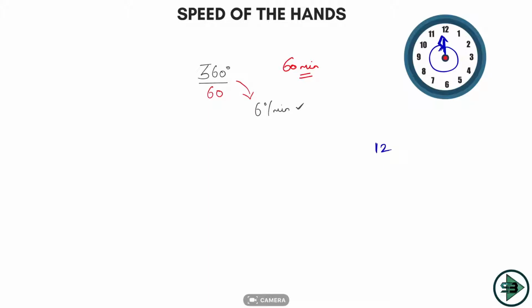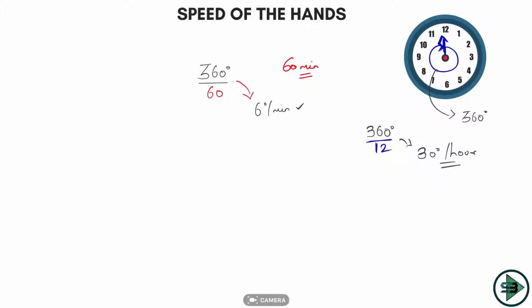Quite simple. It will take 12 hours to move an angle of 360 degrees, right? So if you go 360 degrees in 12 hours, how many degrees are you moving per hour? 30 degrees per hour.